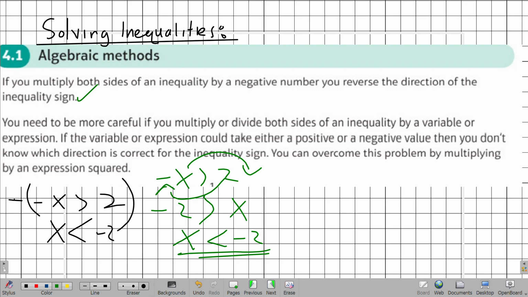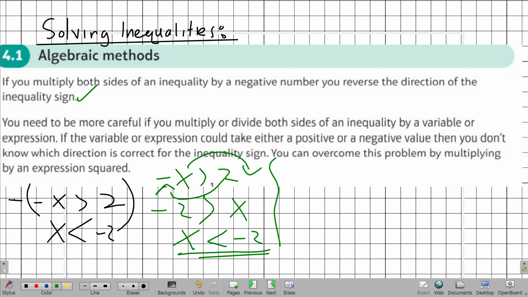You need to be more careful if you multiply or divide both sides of an inequality by a variable or an expression. If the variable expression could take either a positive or negative value, then you don't know which direction is correct for the inequality. You can overcome this by multiplying by a squared expression. Again, that's a very important point.